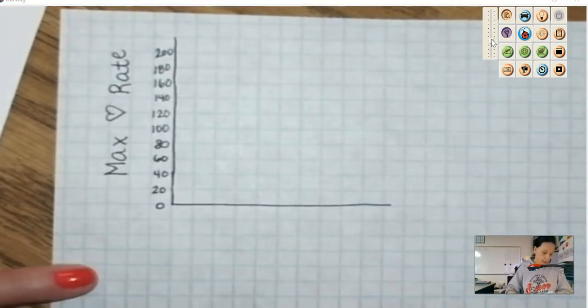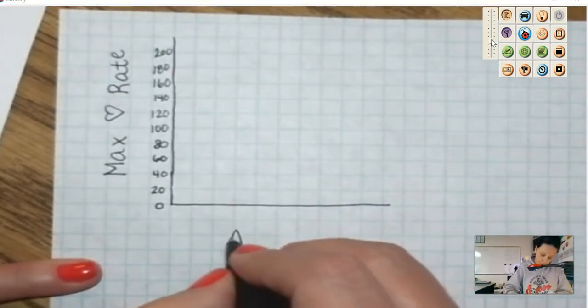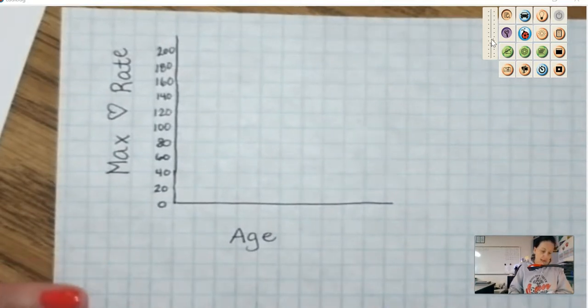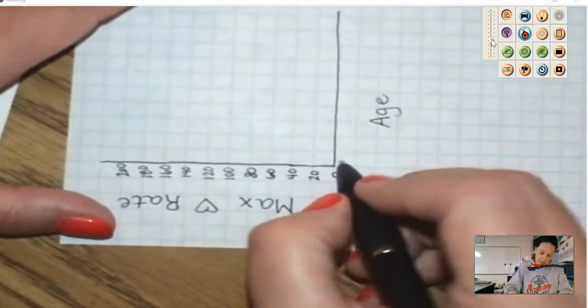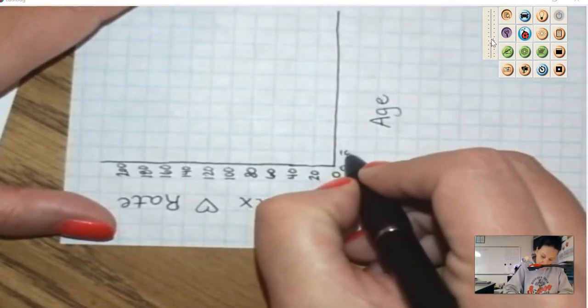The x-axis is going to be age, and we're going to have that one go by tens. My intervals on the x-axis are going to go by tens.